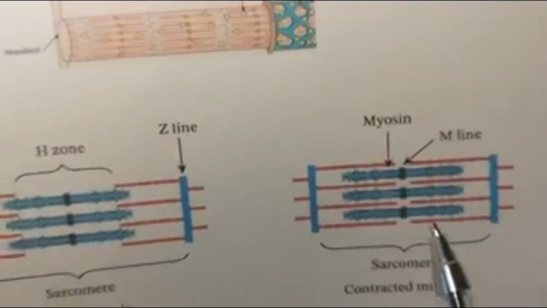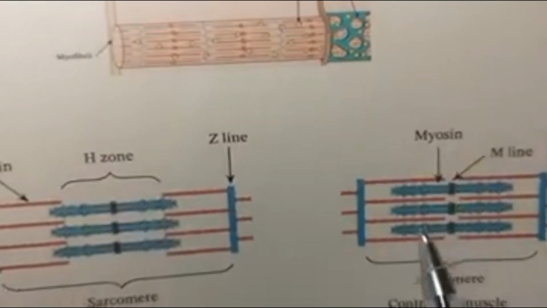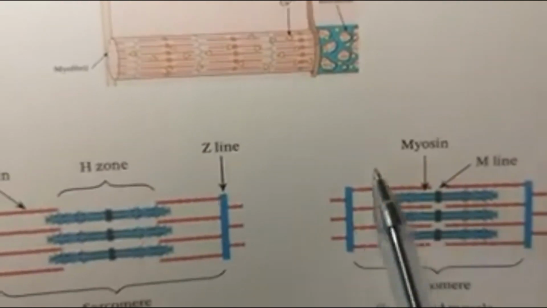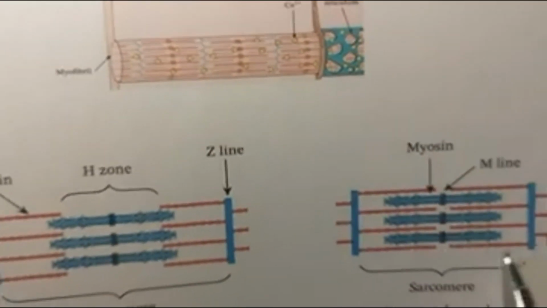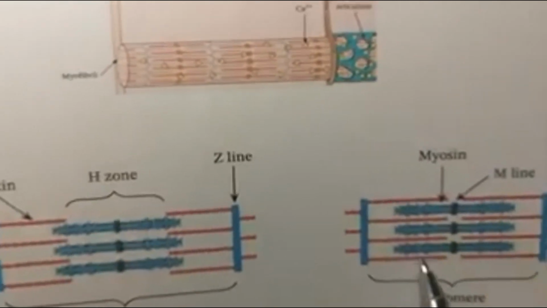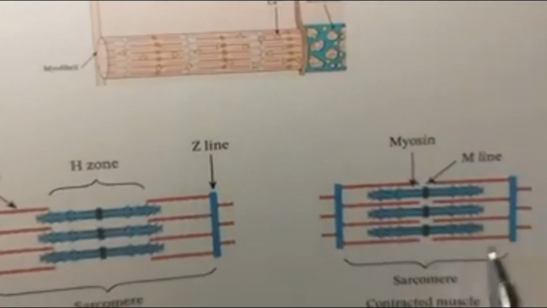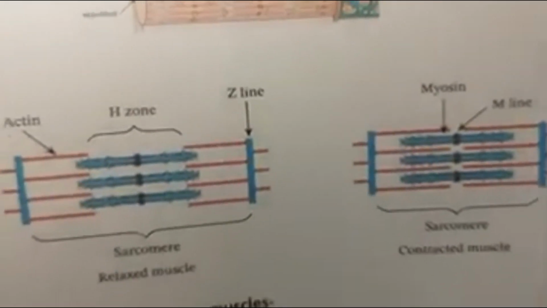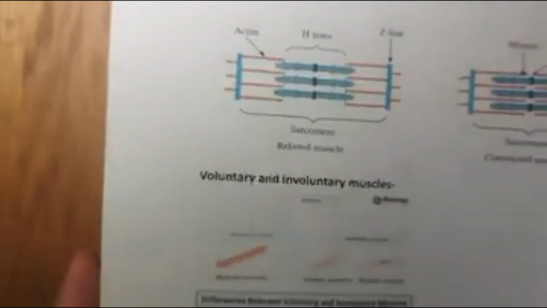This combination of actin and myosin is also called a sarcomere. Sarcomere is this single unit where actin and myosin form a single unit. You don't need to know more details about the sarcomere. This is just for your information.